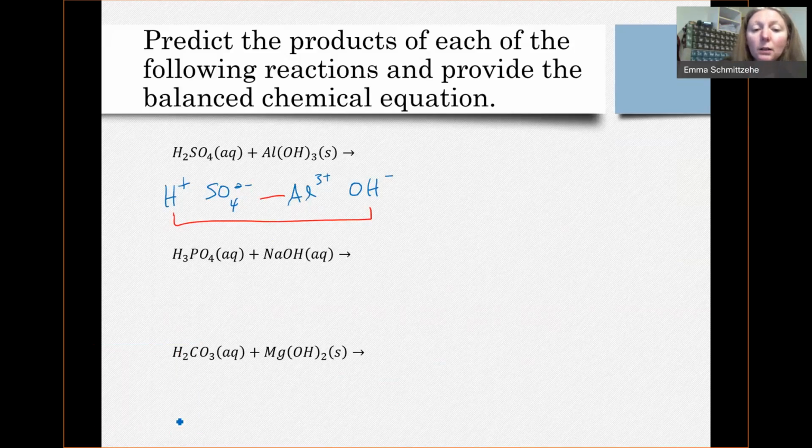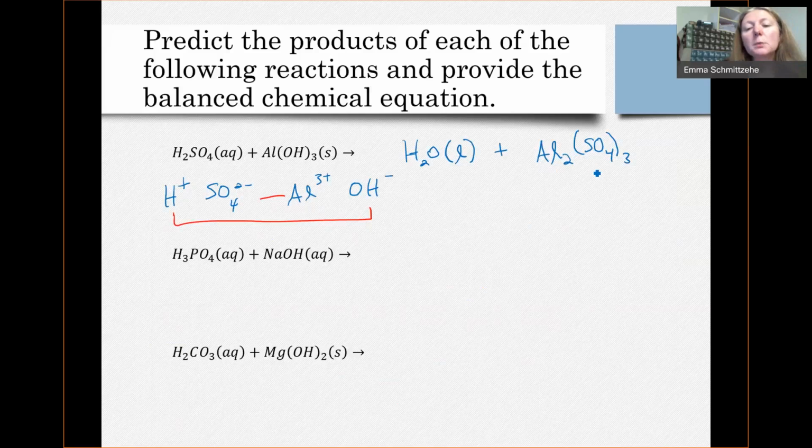And so the products are H2O and, well, Al3 plus and SO4 2 minus, I need a 2 to 3 ratio, so Al2(SO4)3 to make it neutral. And then you need to figure out the phase based on solubility rules, because this is an ionic compound.